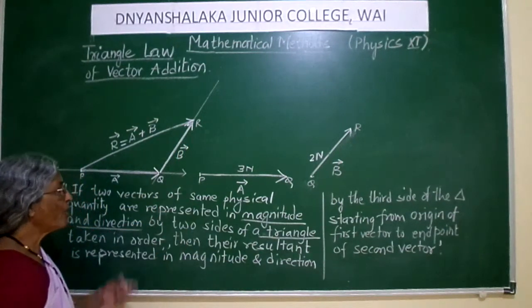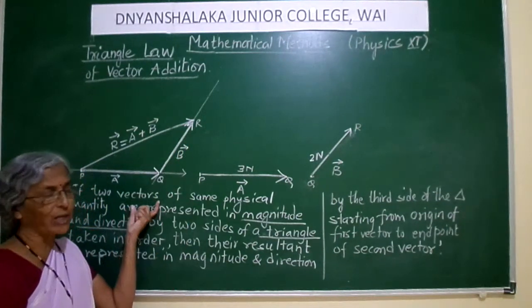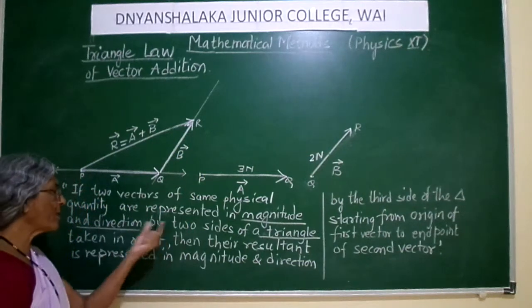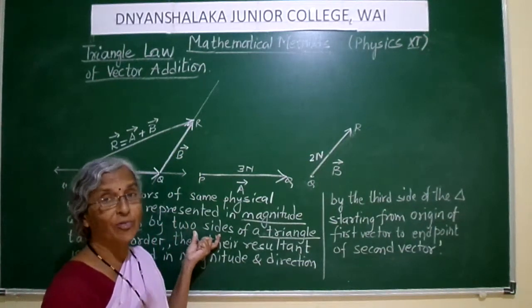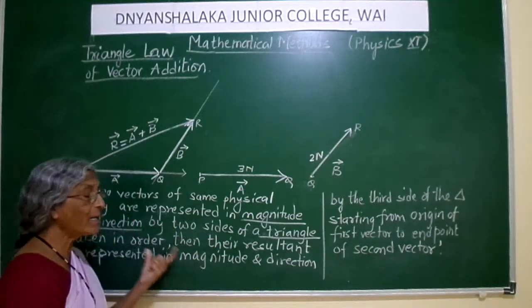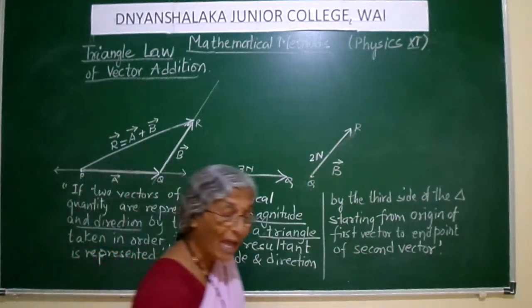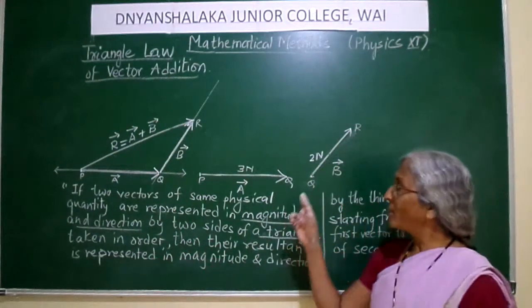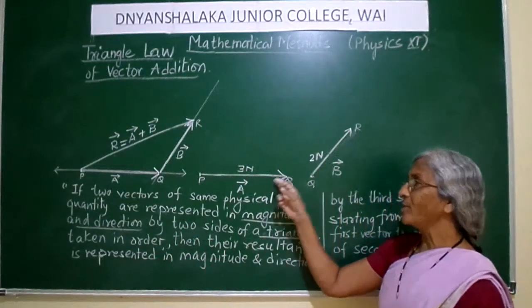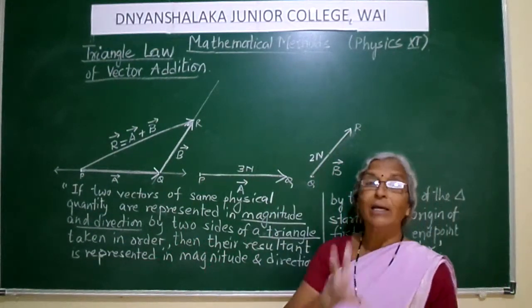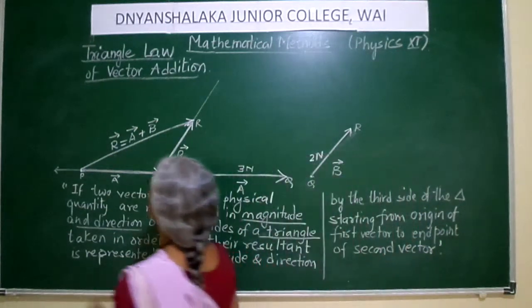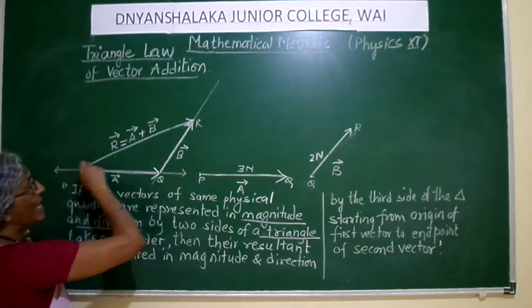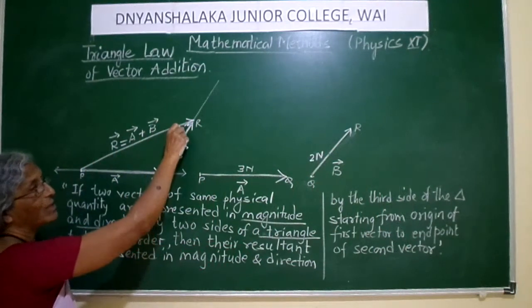So if two vectors of the same physical quantity are represented in magnitude and direction by two sides of a triangle taken in order, then the resultant of these two vectors is represented in magnitude and direction by the remaining, third side of the triangle.